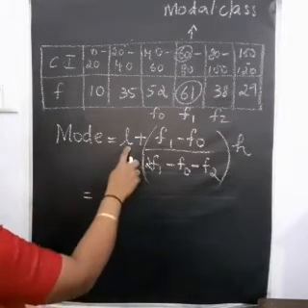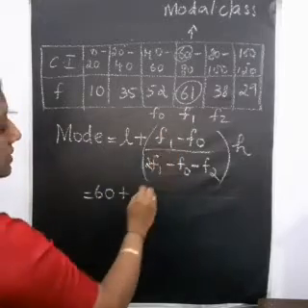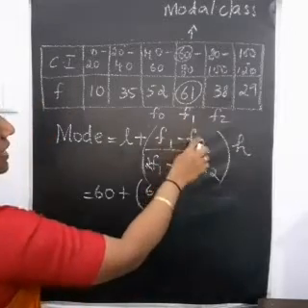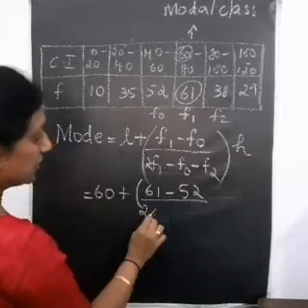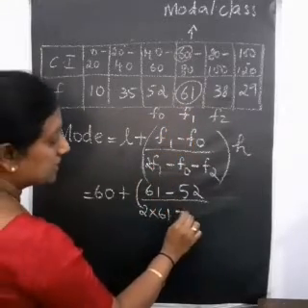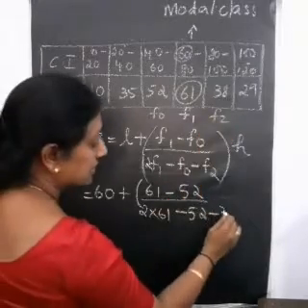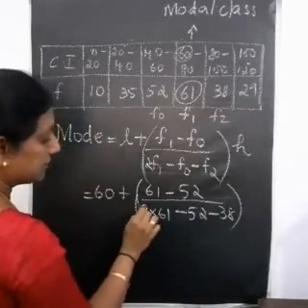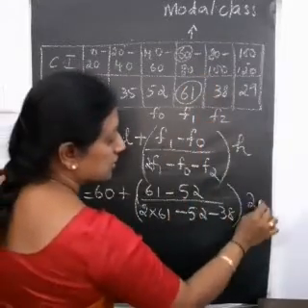L is the lower limit, which is 60, plus F1 is 61 minus F0 is 52, divided by 2 into F1 which is 61, minus F0 which is 52, minus F2 which is 38, into class size, which is 80 minus 60, which is 20.